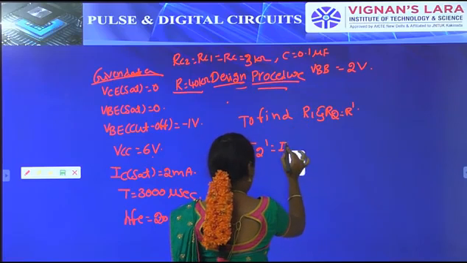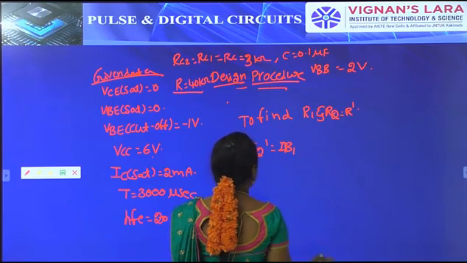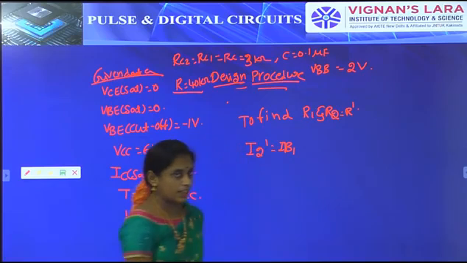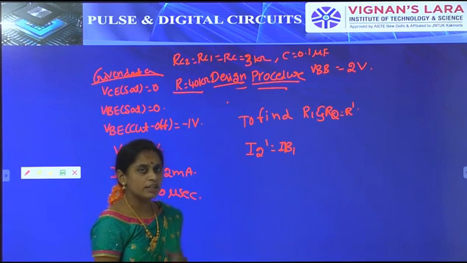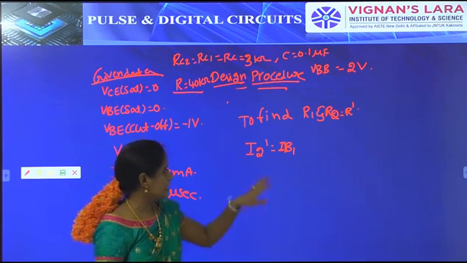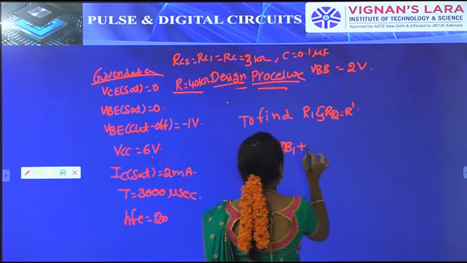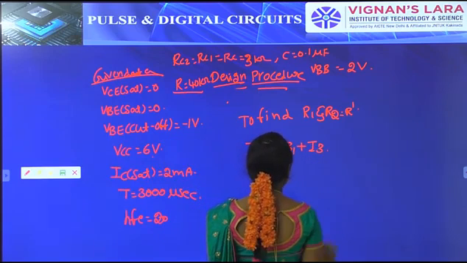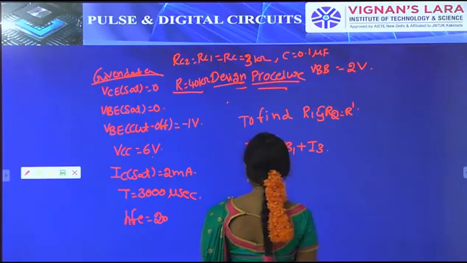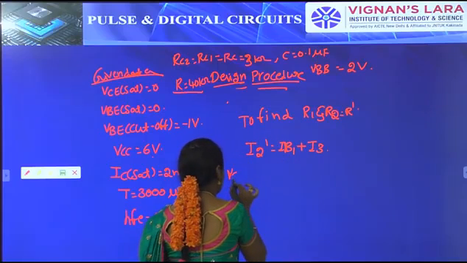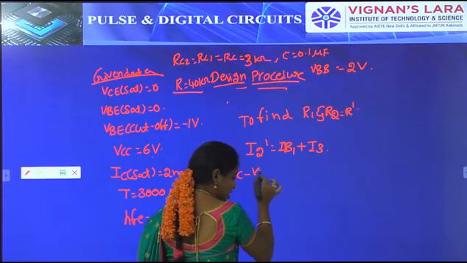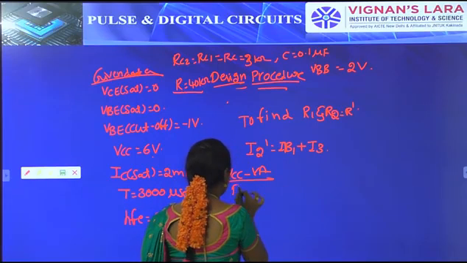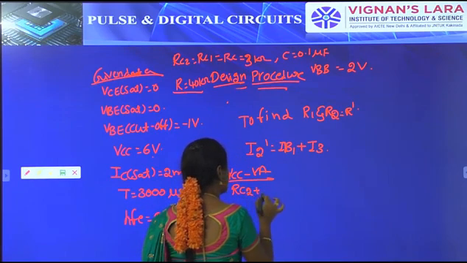At this time the transistor Q1 is in on condition and Q2 is in off condition. That is IB1 plus I3. And what is the I2 dash? It starts at VCC and ends at the position of VA, by RC2 plus R dash.